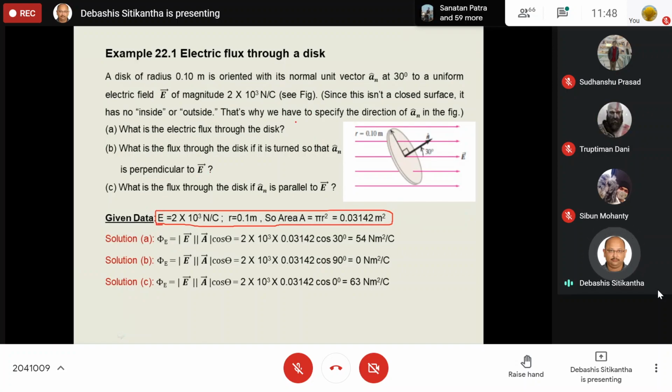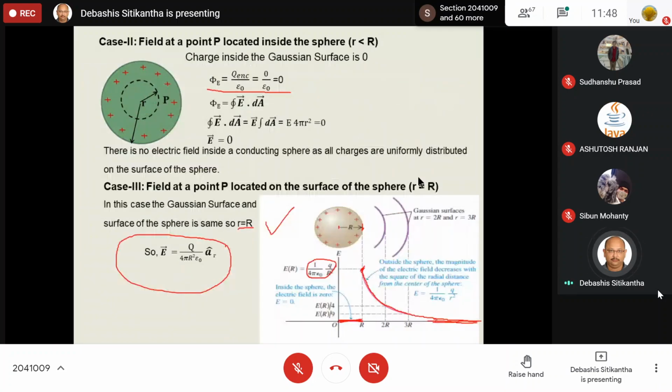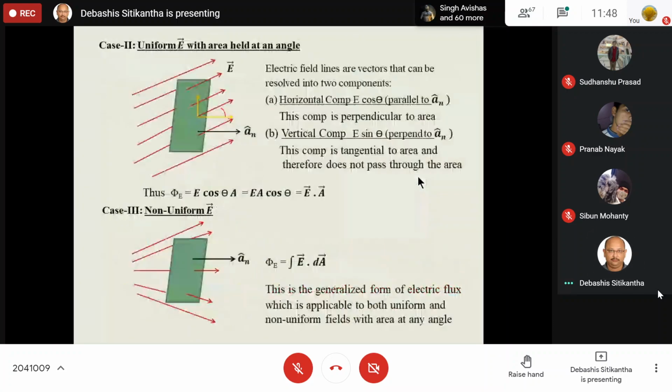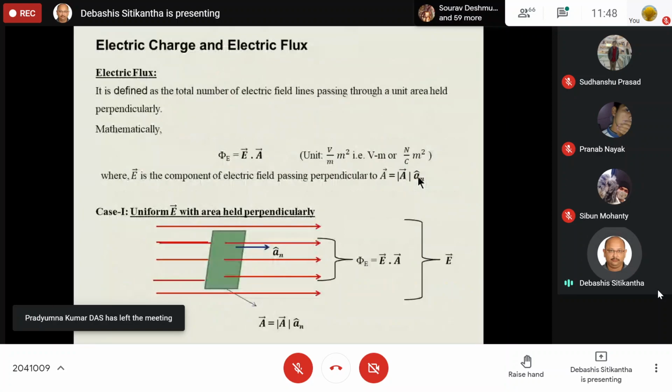Okay, now let us see the first bit. What is the electric flux through the disk? Simple question. These are the electric field lines, and we are supposed to find the electric flux. Now, obviously, this is a case of which case? I have given three cases: case 1, case 2, case 3. Three cases I showed you when we started this chapter. Just have a look over here. This is the first case, uniform electric field with area held perpendicular.